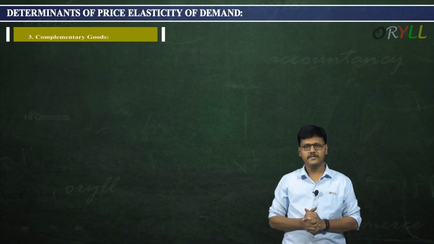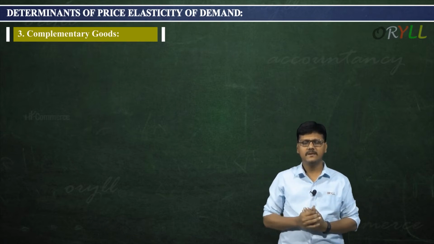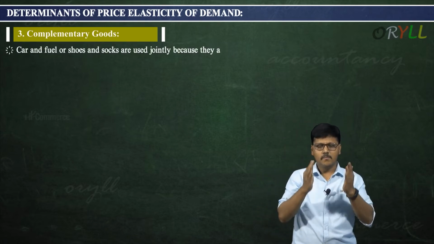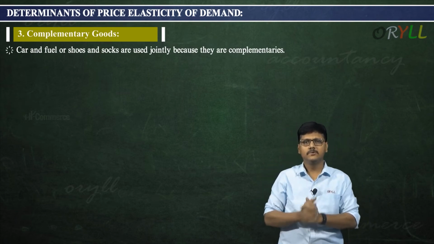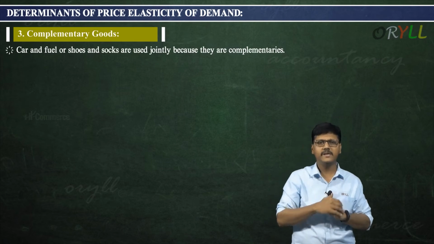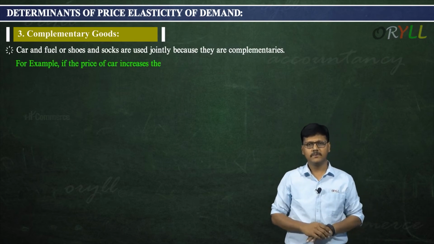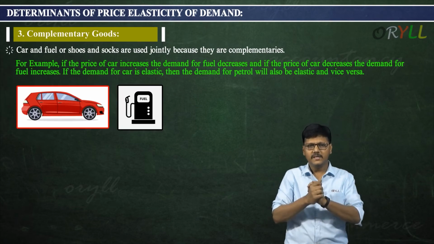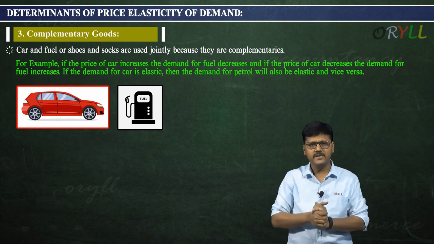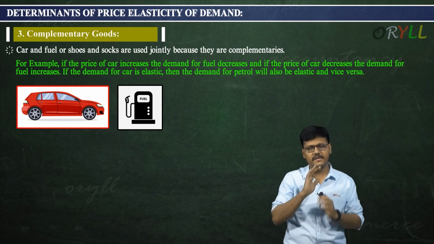The next point is complementary goods. What are complementary goods, friends? When a commodity has to be used with another commodity to satisfy a want, then the commodity is called a complementary good. For example, car and fuel. If the price of the car increases, the demand for fuel will obviously decrease.